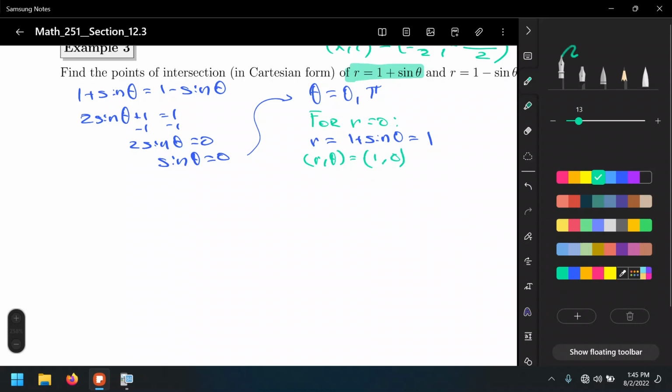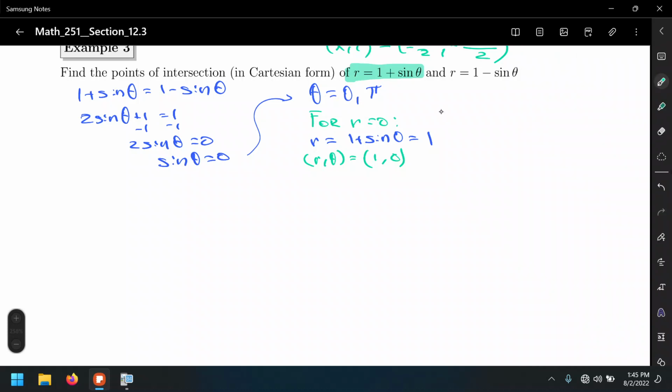That is, it's 1 unit away from the pole with an angle of 0 radians with respect to the polar axis, or the analogous x-axis in the Cartesian coordinate system.